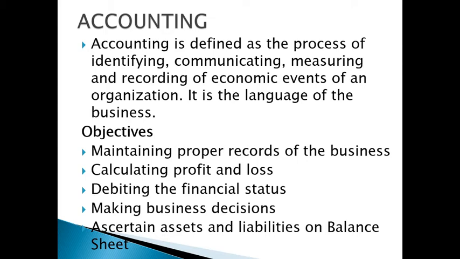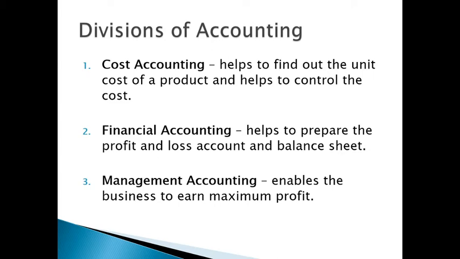It helps to maintain a proper record. It helps to calculate the profit and loss account, to ascertain the financial status of the business, to take decisions in business, and to prepare the financial statements like profit and loss account and balance sheet.